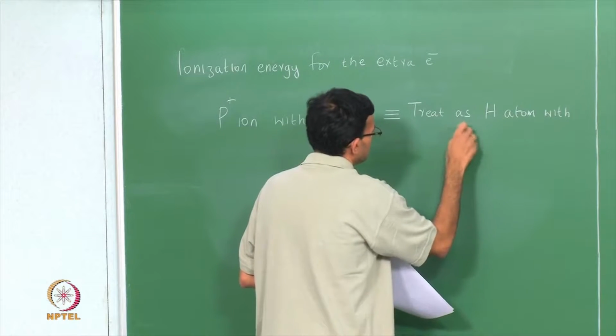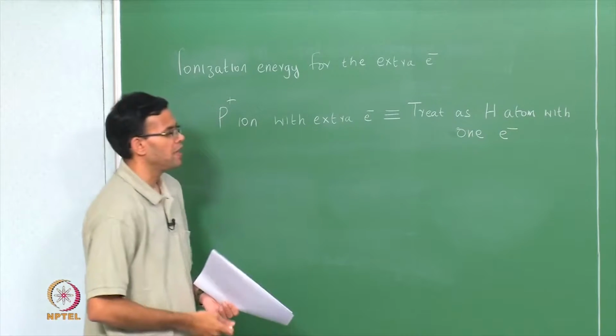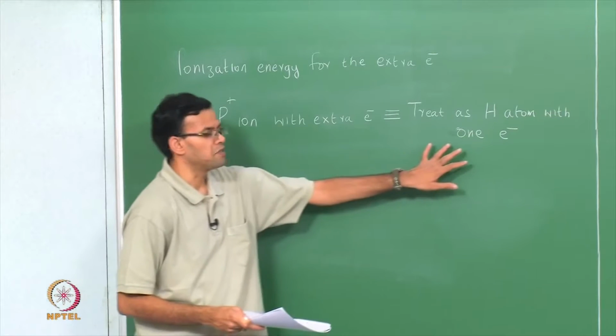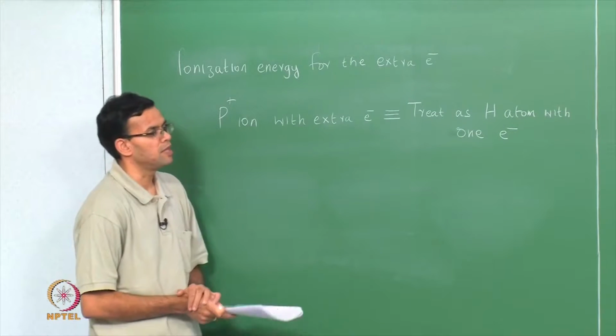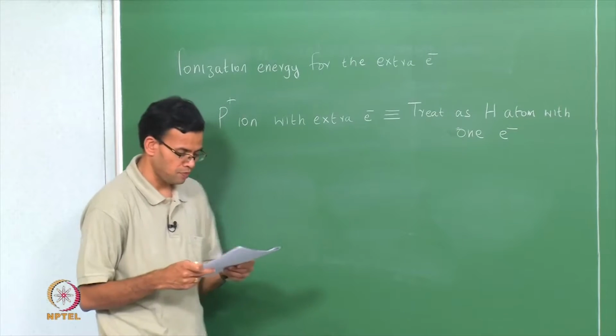So, we get rid of the complexity of the problem and then treat it as a hydrogen atom. This will give us a simple calculation for the ionization energy of the electron.